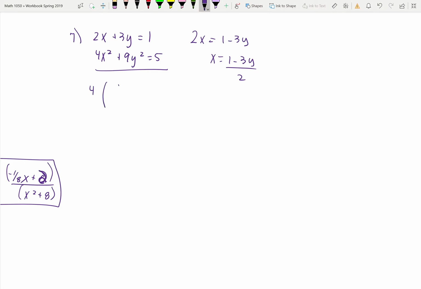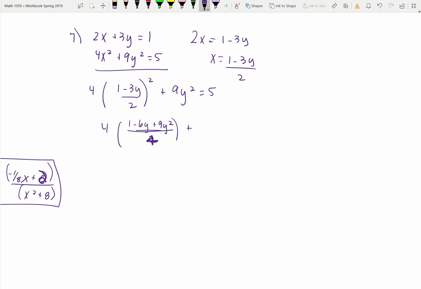So now I'm going to go in here and put that for x. So I have 4 times ((1 minus 3y) over 2) squared plus 9y squared equals 5. Now I'm going to have a 4. When I square this, so easy, 2 squared is 4, and 1 minus 3y needs to get FOILed. So when I FOIL that, I get 1 minus 6y plus 9y squared.